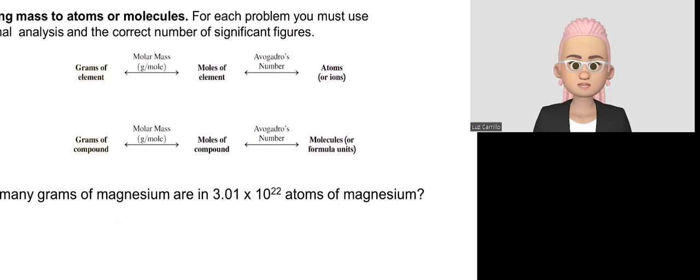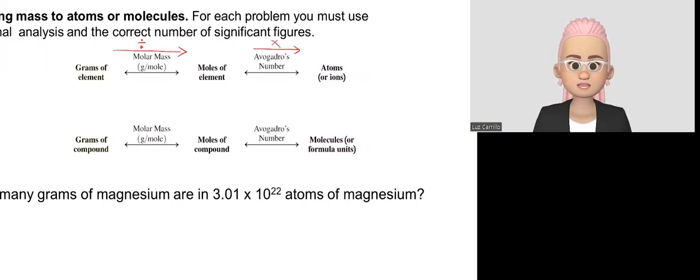So if you predicted that if I'm going in this direction, from grams of element to moles of element, you divide by the molar mass, you're correct. Once you have moles of an element, you're going to then multiply by Avogadro's number, you are correct.